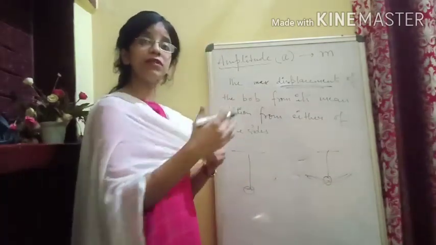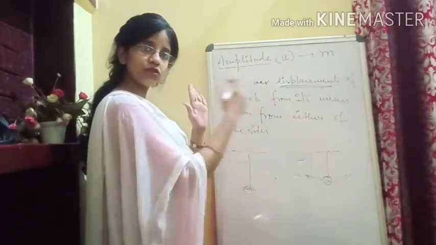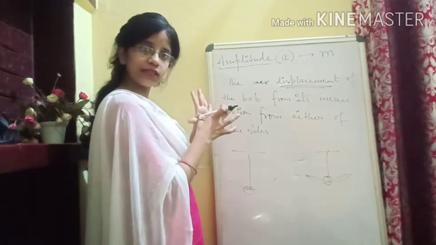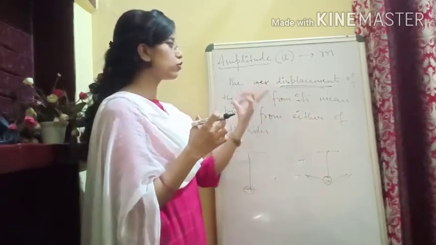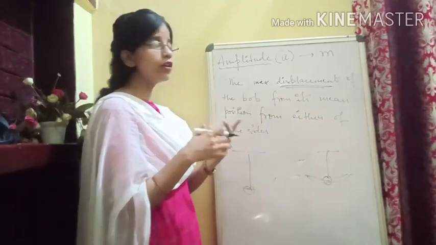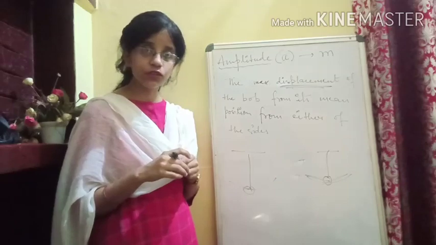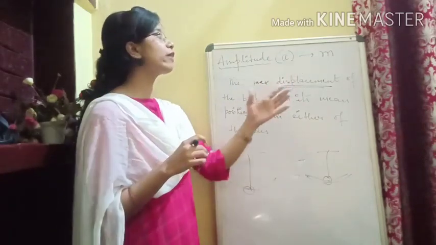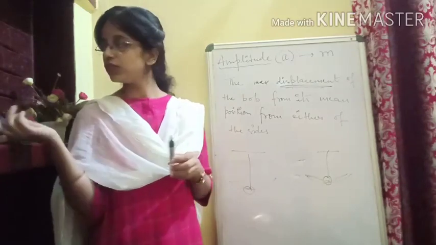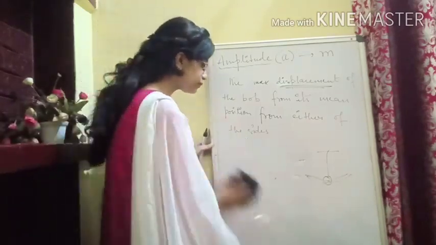It will displace again and again from its mean position, but which displacement are we considering? We are taking the maximum one, and that maximum displacement of the bob from its mean position on either of the sides is known as its amplitude, which we denote by the symbol small a, and the unit of amplitude is meter. So these are the terms related to the simple pendulum.